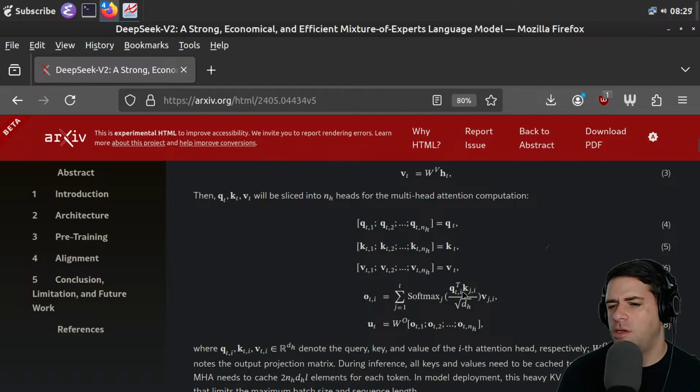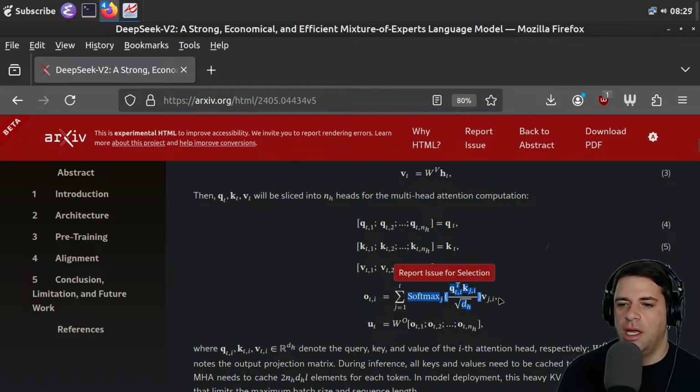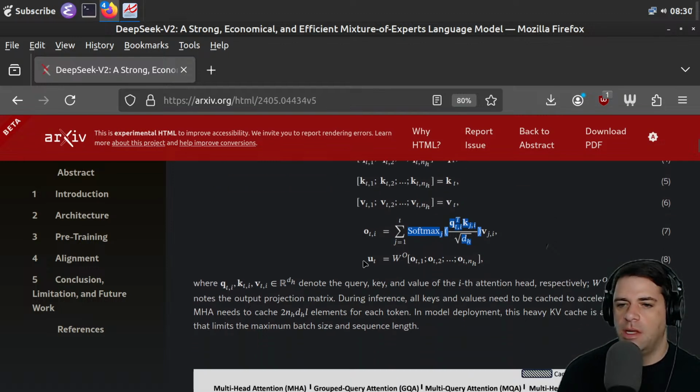But at any rate, we take the q_t and the k_j stuff and dot product them, divide by the square root of d_h, which I think is just a dimension. And we take the softmax of that, and then we multiply that by the value. So this is essentially taking the key, commingling it with a query and getting the value out somehow. And then we get this u_t, which I think is the final output from this layer. We, again, apply a learned matrix to the output.